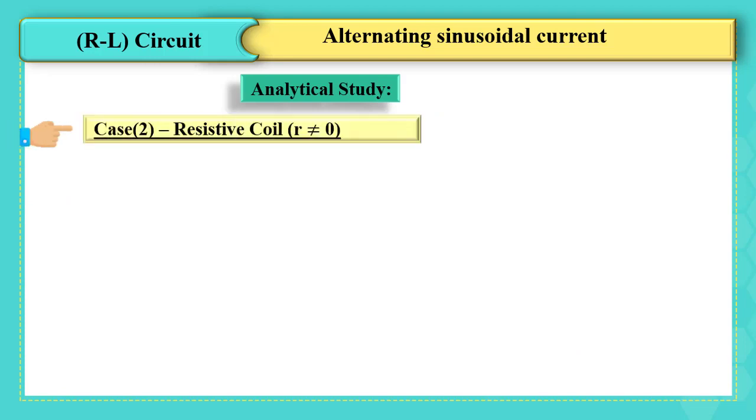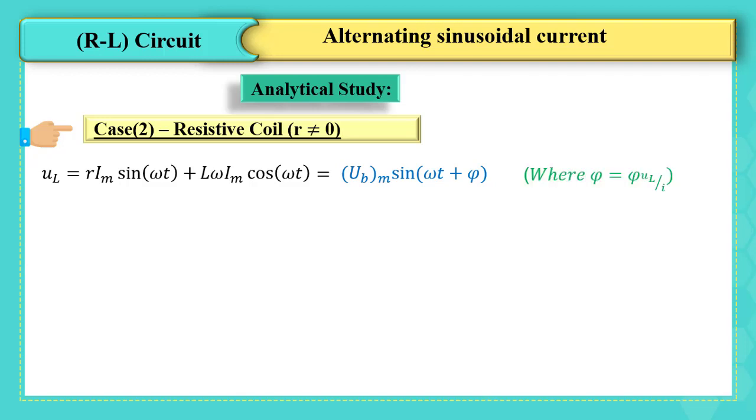Case 2, resistive coil, where the internal resistance of the coil is different than 0. For this case, the expression of the voltage of the coil UL can be written as Um sine omega t plus phi, where phi represents the phase difference of UL with respect to i. We are going to take two particular values for t to find the sign of the phase difference.